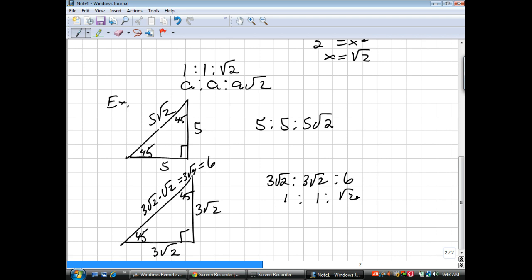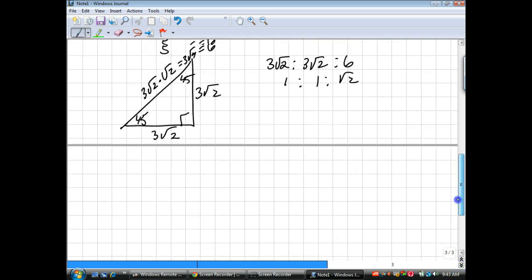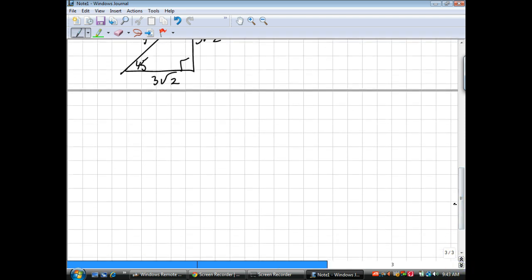Now, what if I know the length of the hypotenuse? Let's say I have a 45-45-90 triangle, and I don't know the legs, but I know that the hypotenuse is 8 square root 2.